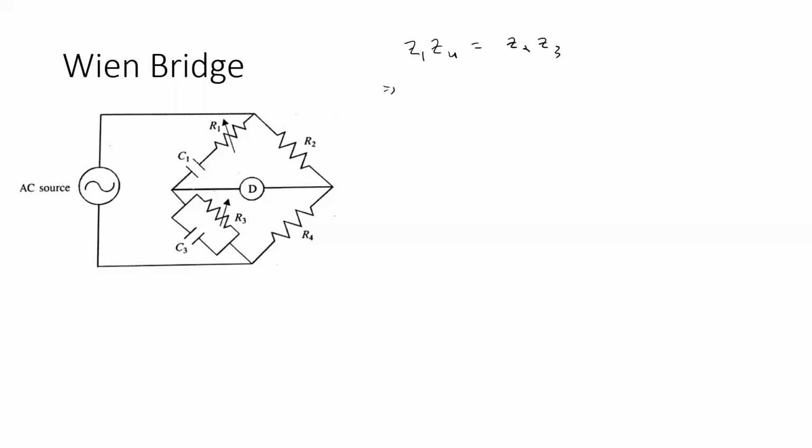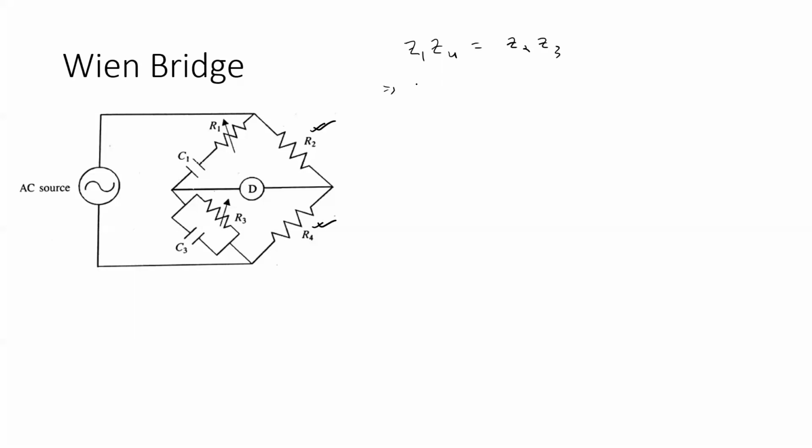So I am not going to consider any one of these branches to be the unknown branch to keep on one side. Rather, here the approach would be to keep the purely resistive parts on one side and the complex parts on the other side, and then after simplifying, compare both sides to equate the real part and the imaginary part.